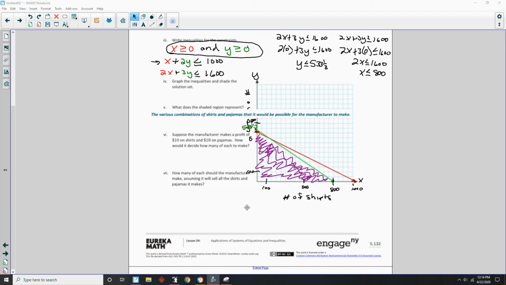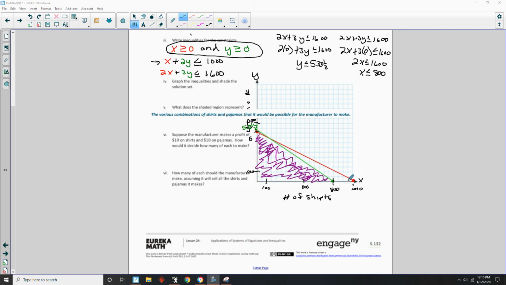Part 6 says, suppose the manufacturer makes a profit of $10 on shirts and $18 on pajamas. How many of each would it decide to make? Okay, so think about that for a second. Well, the maximum would be the most number you could make of each.